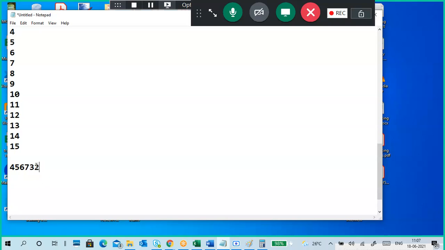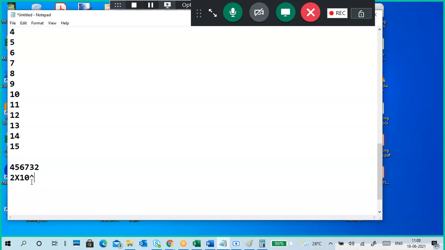It means 2 is in the ones place, 3 is in the tens place, 7 is in the hundreds place, 6 is in the thousands place, 5 is in the ten thousands place, and 4 is in the lakh place. It is actually like 2 into 10 to the power of 1 kind of stuff.